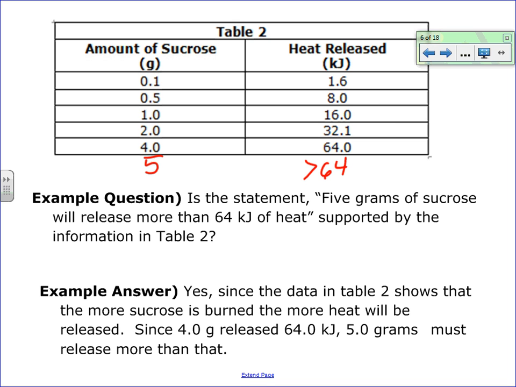Because as we see this trend, as the grams increase as we move down, the temperatures also do what? Increase, on the way down. So we'd expect 5 to be more than 4, 4 is more than 3, 3 is more than 2. So now we know 2 things. We know, yes, the statement is true. We also know why, because as you increase the grams, you increase the heat. 2 parts of the question.